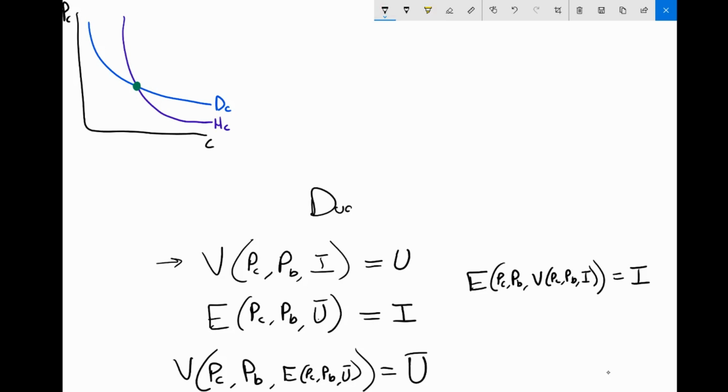So this is the duality idea, the relationship between utility maximization and expenditure minimization, where we would say this: the compensated demand function equals the uncompensated demand function.